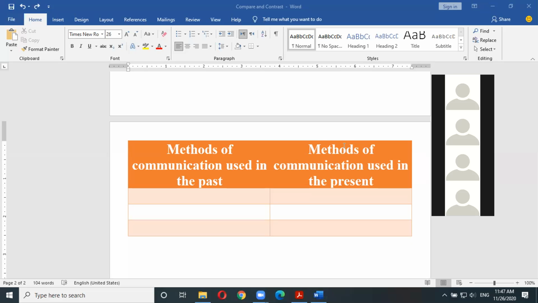Write the same thing in the 2 cells. Guys, don't send anything on the group unless I tell you, okay?